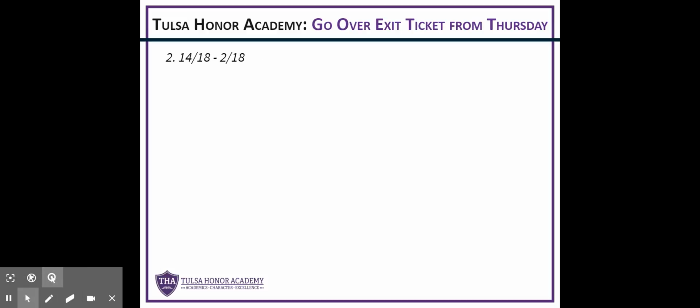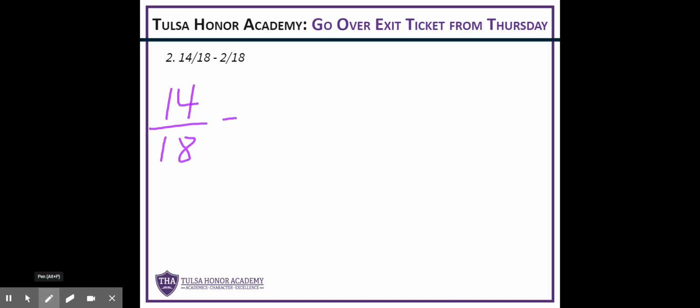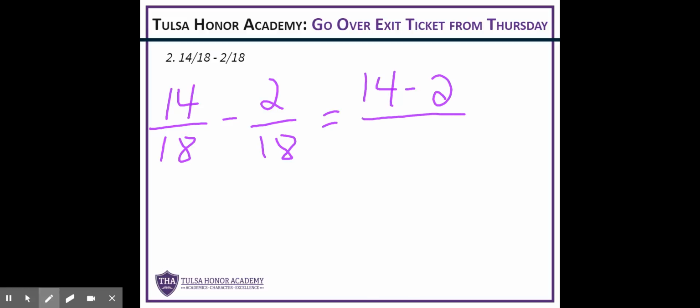Next, number 2. This time we are subtracting, so we're going to do 14 over 18 minus 2 over 18. They already have the same denominators, so we just rewrite it like this: 14 minus 2 over 18, which equals 12 over 18.